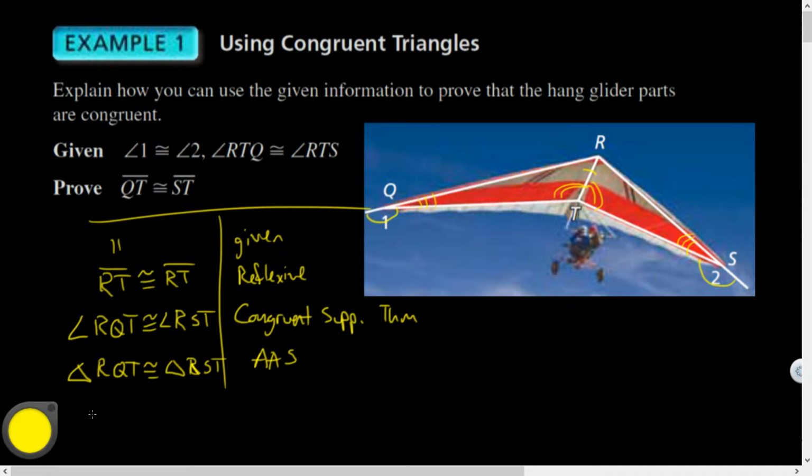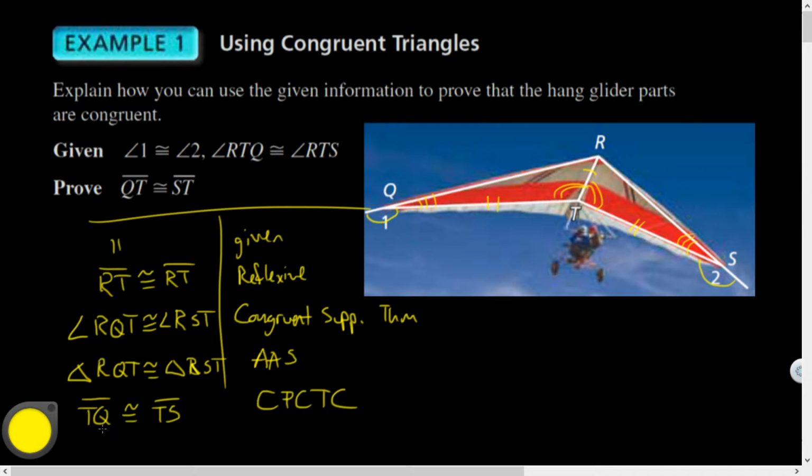As a result, I now know a whole bunch more information. I know that TQ is congruent to TS. Why do I know those are congruent? Because of CPCTC, corresponding parts of congruent triangles are congruent.